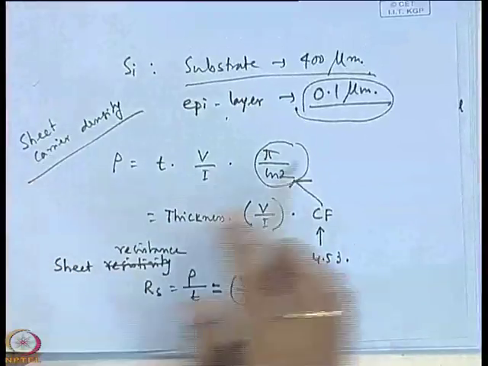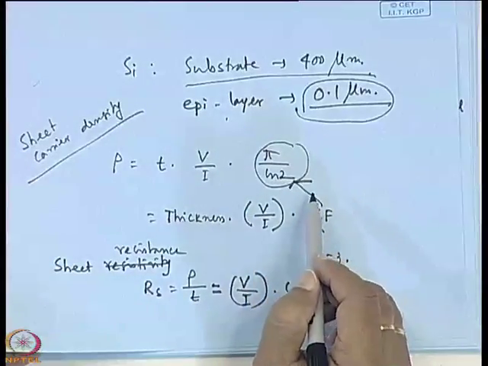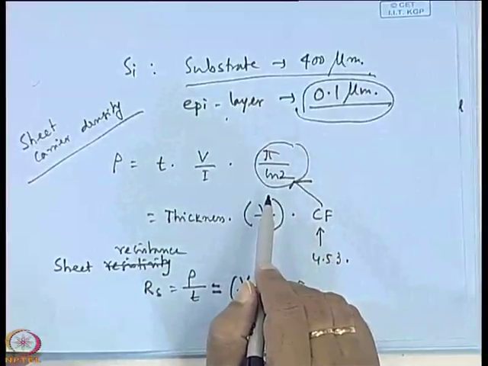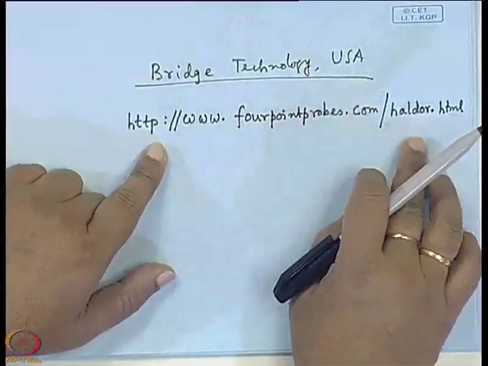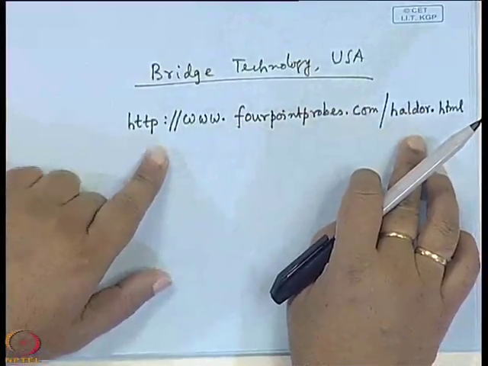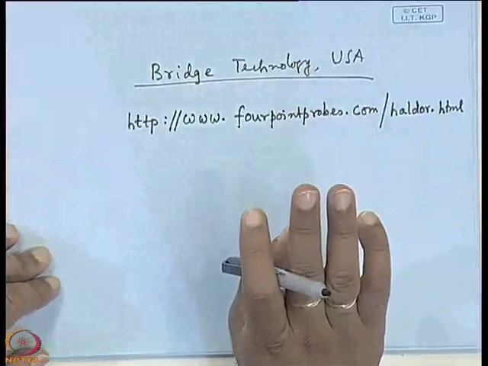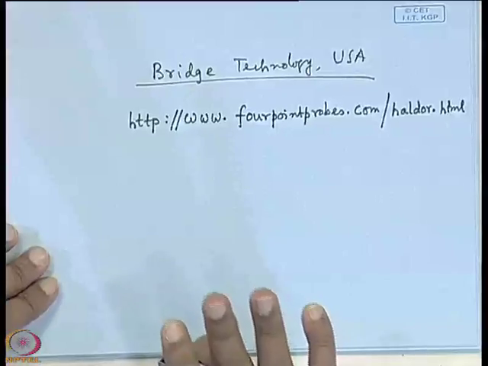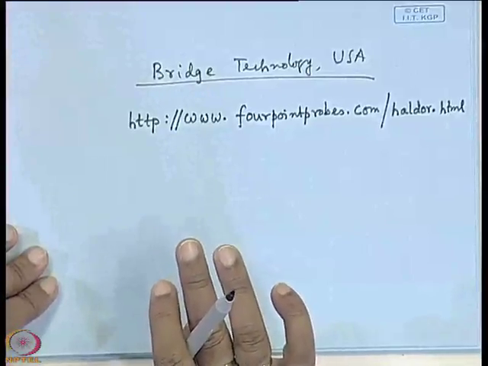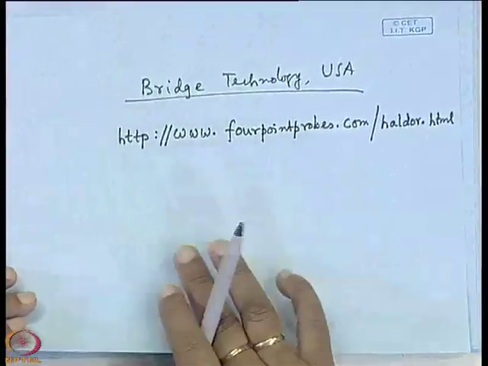In most cases, you will find that our sample is not uniform. Then the theoretical correction factor pi by ln 2 that we have used is not valid. Then you can visit this site, check what the correction factor should be for your case, and put in the proper correction factor instead of 4.53, right.